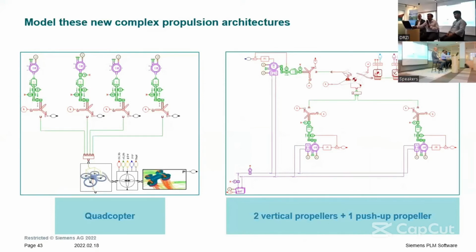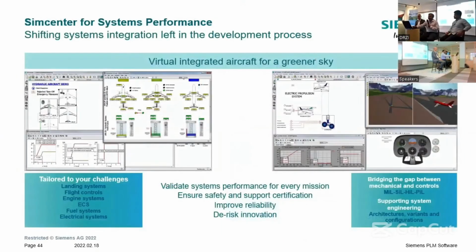All right, so these are different things that we can simulate. And finally, we call it a virtual integrated aircraft. We integrate and we can simulate hardware in the loop, model in the loop, so you can see your control algorithms are validated with the rest of the systems.